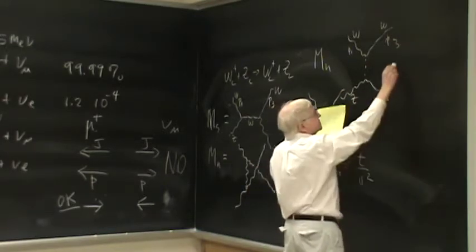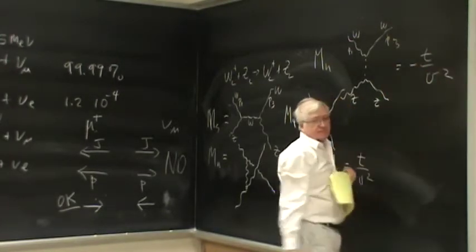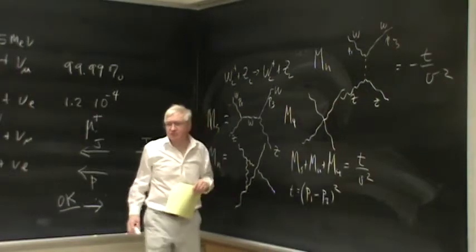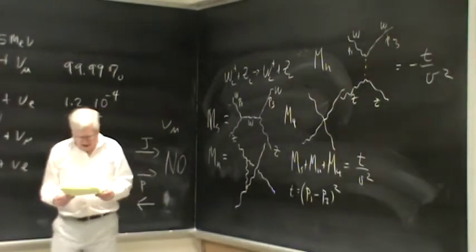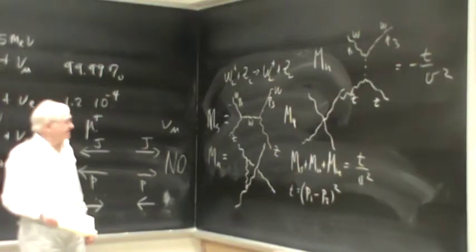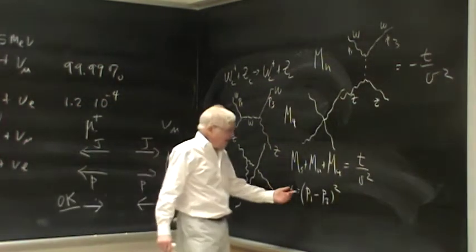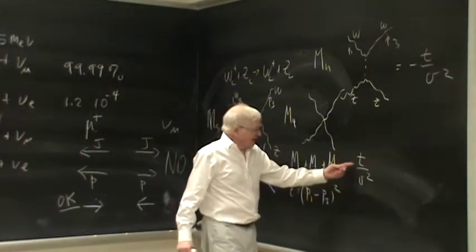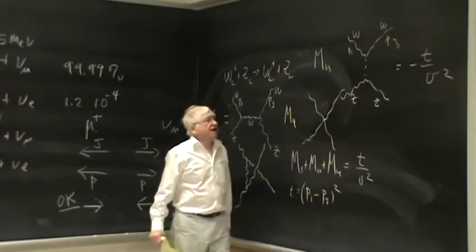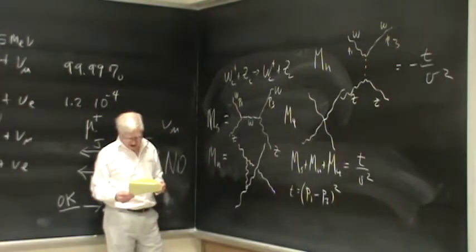And what is this amplitude? Minus T over V squared, plus smaller terms. So in other words, the Higgs cancels the growing amplitude from the gauge boson terms if you leave out the Higgs.